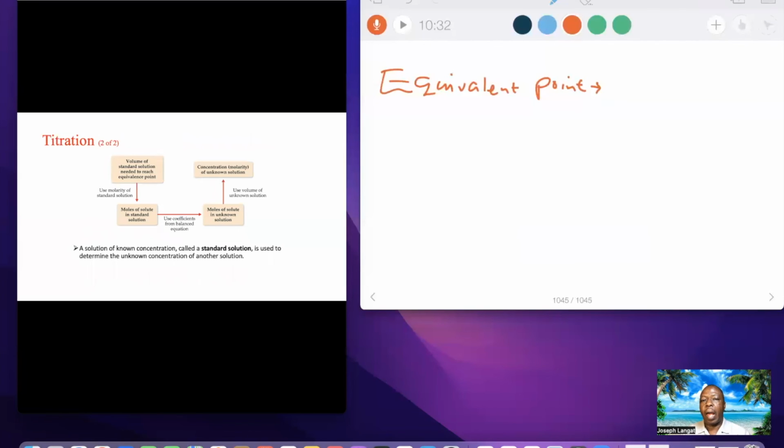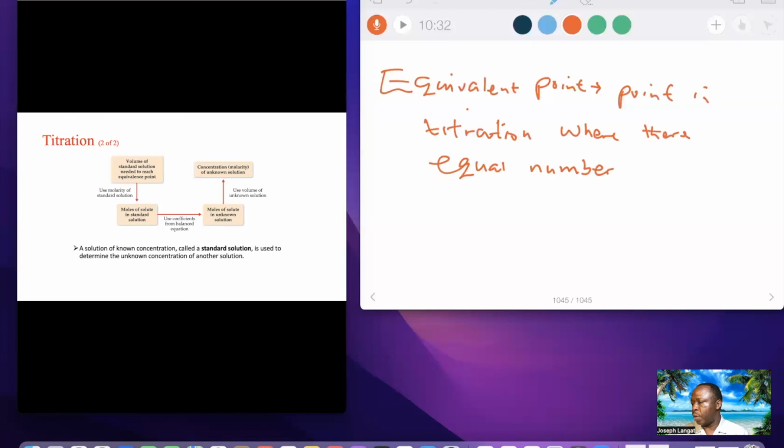It is a theoretical point in titration where there is an equal number of moles of the titrant, what goes in the burette, the titrant or standard, and the analyte, what we are analyzing.